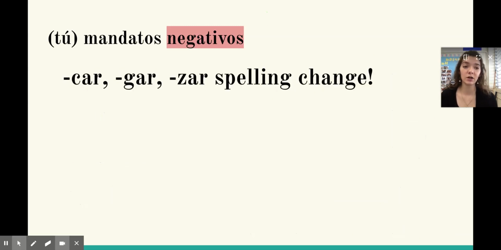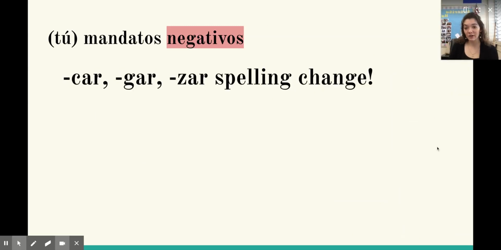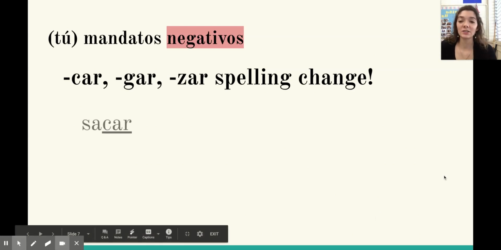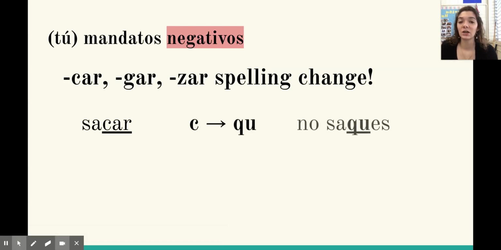Moving on, a couple more irregularities. Car, gar and zar verbs are making a comeback, guys, because they have a spelling change yet again. Let's take a look at sacar. Sacar in the yo form is saco, right? But I can't say sases.